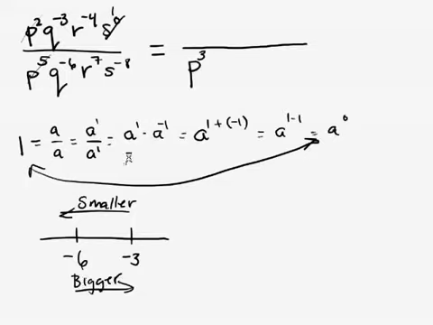Okay, so knowing that, you take the smaller number, which is negative 6, move it to the top, and the negative 6 becomes positive, which means that q will be negative 3 plus 6, which will be q cubed.